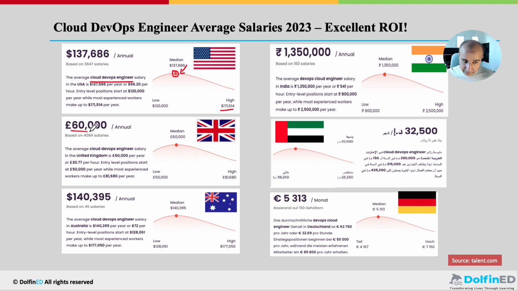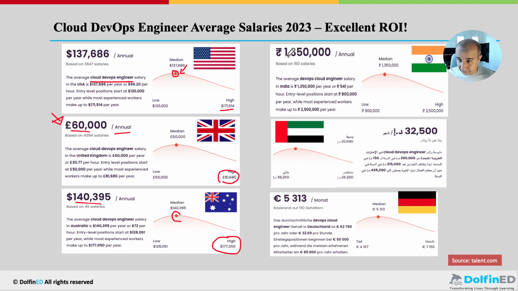In the UK, 60,000 pounds per annum, and I'm expecting that this is less than the actual number. It goes up all the way to the 80s. Australia, it goes up close to 180,000, and the median is at 140.